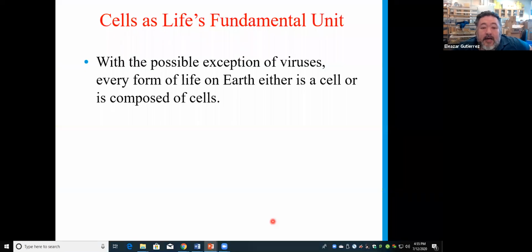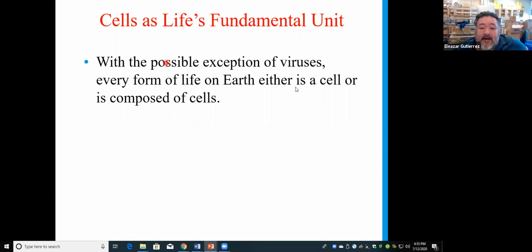So when we're talking about matter, we address the fact that atoms were the fundamental unit of matter. In biology and life, the fundamental unit of life, of course, is a cell.